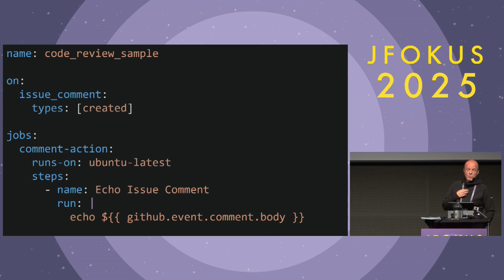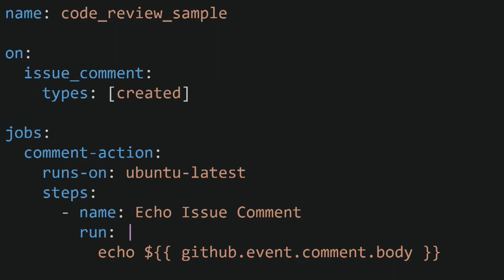This is an example of a command injection, which is sort of like a SQL injection, but instead we'll be able to run code in the GitHub runner by every comment that gets added to this issue. This is a GitHub action in YAML once again. All the body of this comment will be echoed into the GitHub runner. And since this is a bash command, if I just type a semicolon, I can write pretty much anything as a shell script and it will run code. So it's a command injection.